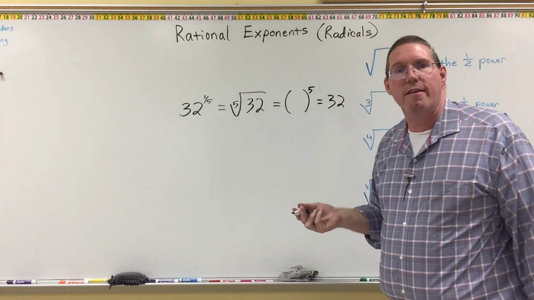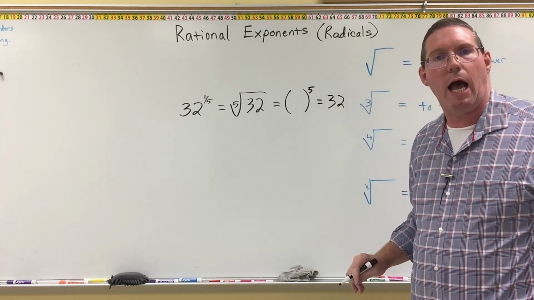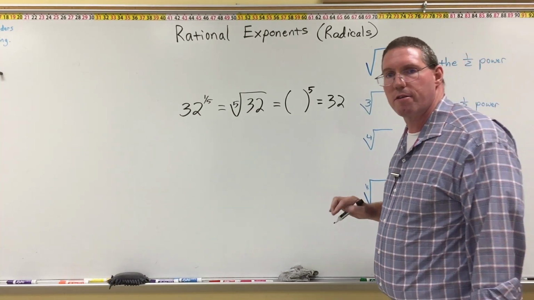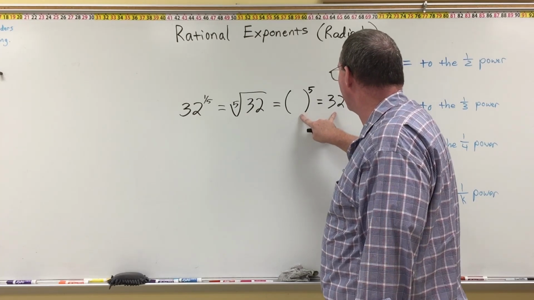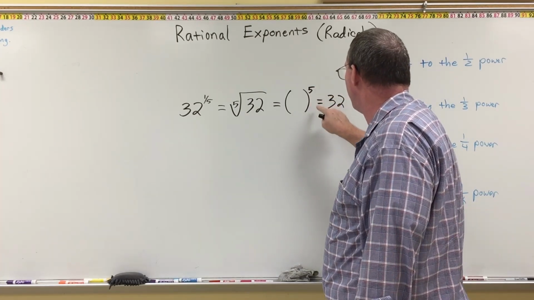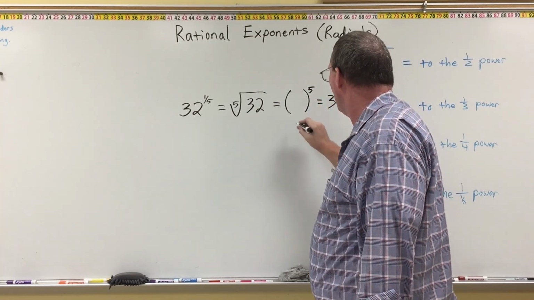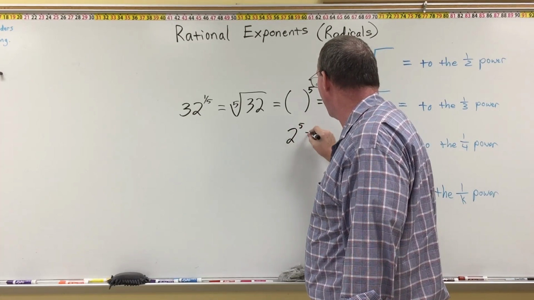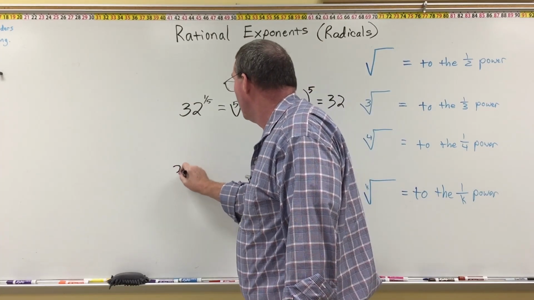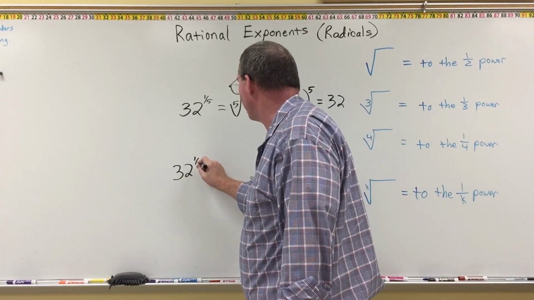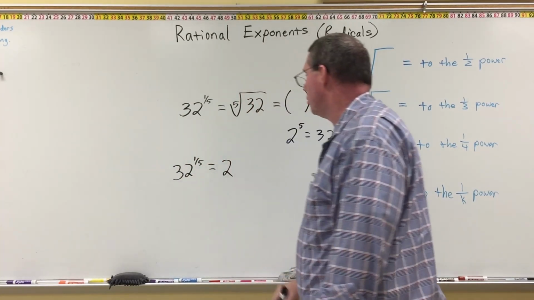Well, I made you memorize this at the beginning of this video, didn't I? I told you that you had to memorize this. I said there's a mathematical truth that says a number to the 5th power is equal to 32. Well, we know that 2 to the 5th power is equal to 32. And therefore, 32 to the 1/5 power is equal to 2.